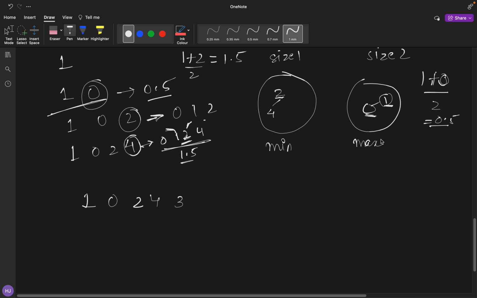Do you think we can insert it in the max heap? The answer is no, because my 3 would have been the largest value. Can we insert it in the min heap? Yes, because the value 2 is at the top, and it's the smallest amongst the largest. So I can easily insert my 3 in this min heap.